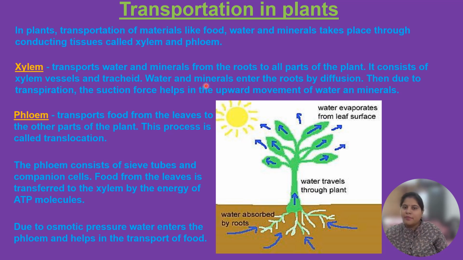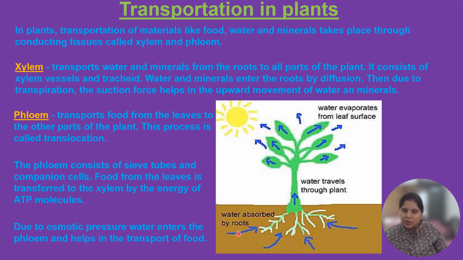Water and minerals enter the root from the soil by the process of diffusion. Then, due to transpiration, which means removal of the excess amount of water from the aerial part of the plants, a pressure or force is created, and this transpiration pull helps in the upward movement of the water and minerals.